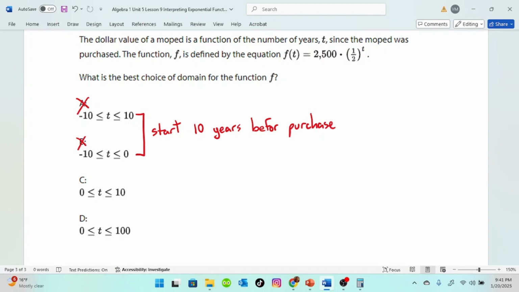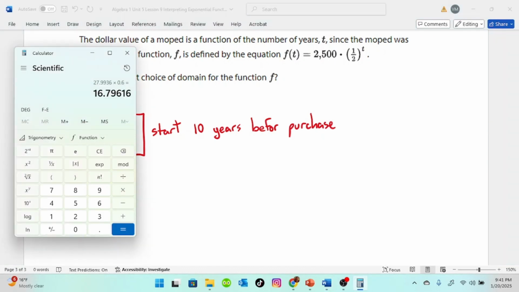If we wanted to test that mathematically, we could say 2,500 times 0.5 to the power of 10. That brings the price all the way down to $2.44.